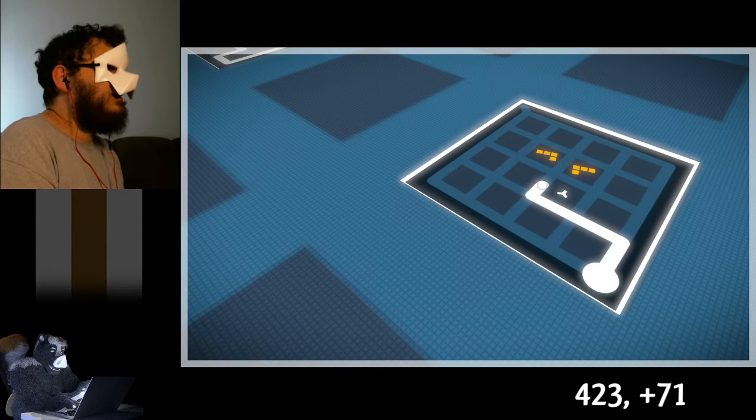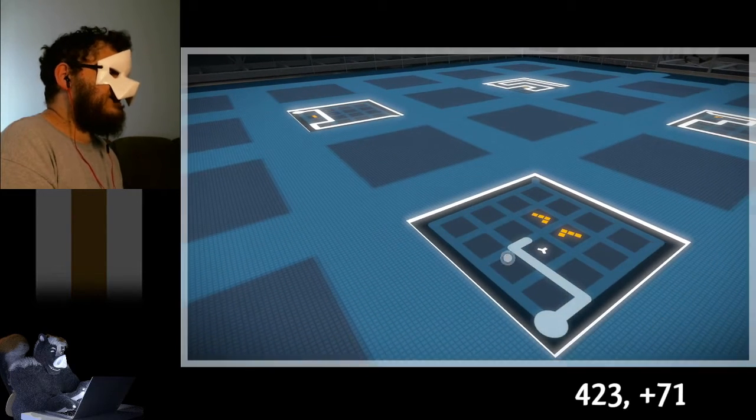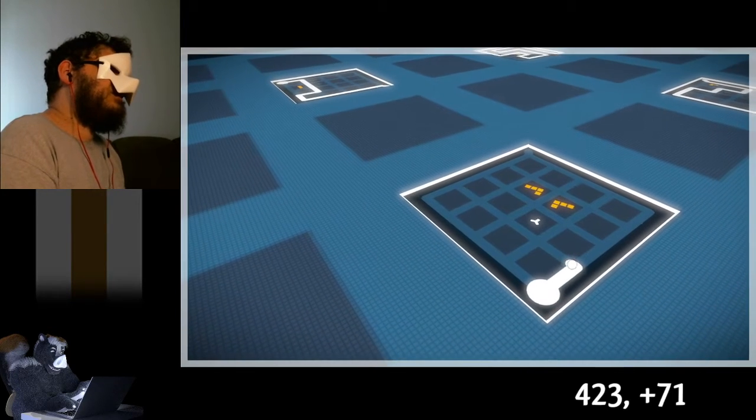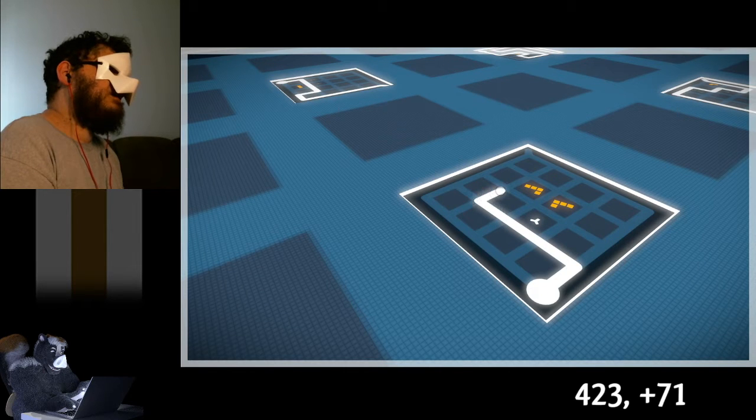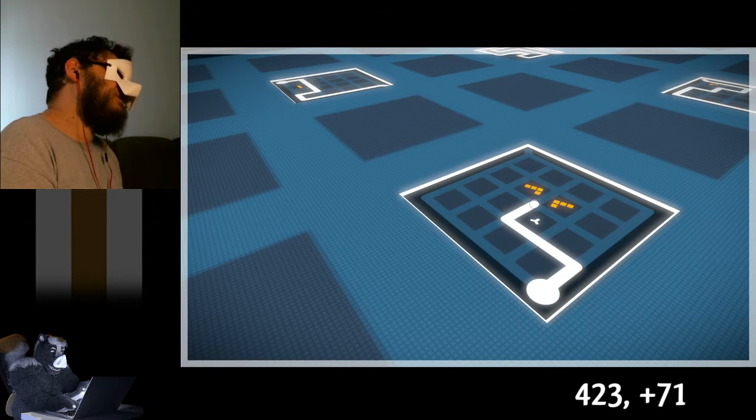So we want, corresponding to that, to be able to do this. That's not necessarily going to work.